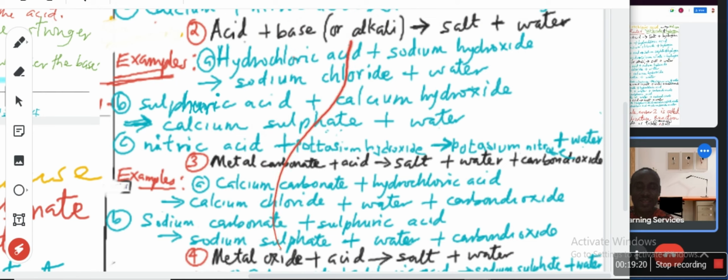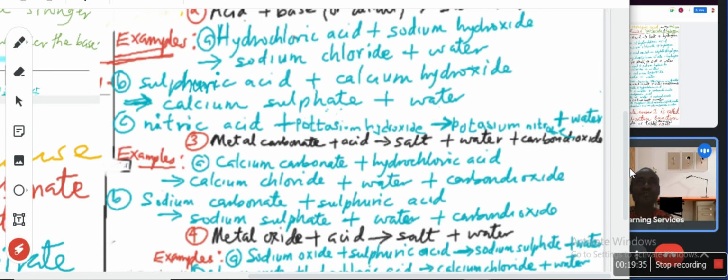If most of them are bases, then why aren't the others bases? Excellent. There are some that form what we call amphoteric oxides. They are both bases and acids.